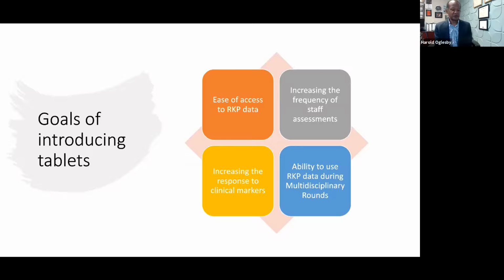It could be whether the patient's ventilator settings are outside of lung protective strategies. It could be alarm settings not being set within a protocol. It could be the patient's trending toward a VAE. But those clinical markers will pop up on the screen and let you know that something's changed, something is outside of the parameters that you set, and you may want to take a look at it.